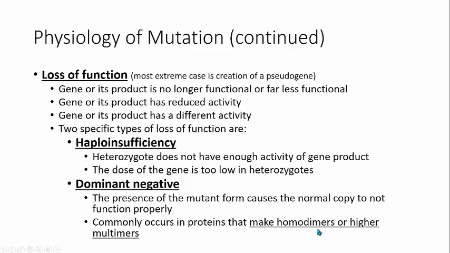So homodimers or multimers are the most common proteins to have dominant negative effects. If they do not invoke that this is a multimeric protein, the loss of function is most likely haploinsufficiency. If it is a multimeric protein, it's nearly always dominant negative.